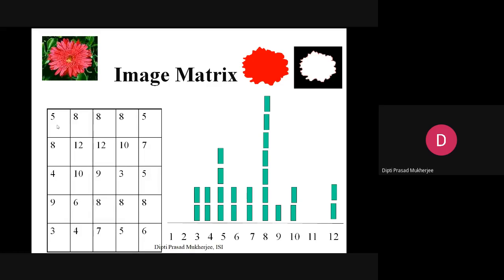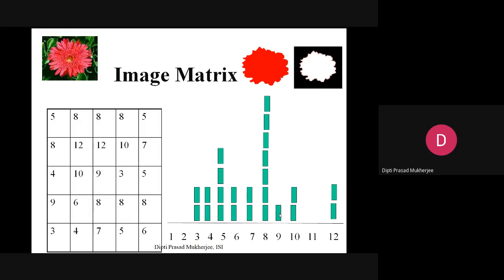I have taken the pixel values, like 5, 8, 12, 10, etc., counted the number of 5s, 8s, 12s, 10s and plotted the histogram on the right hand side. Can any one of you tell me why I need to draw a histogram? To understand the intensity population of a particular intensity.